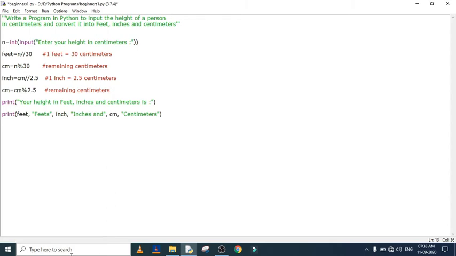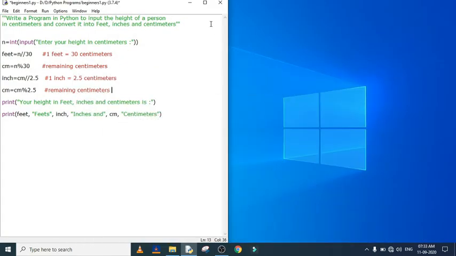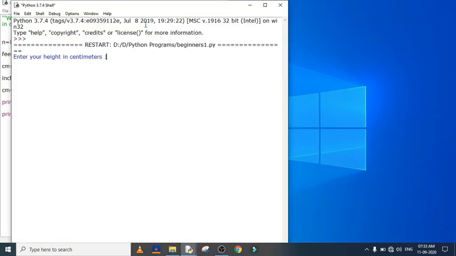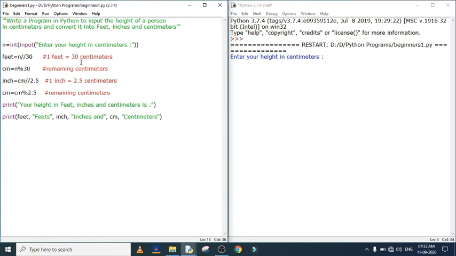Okay, now I am going to execute this program. Look here, your height in centimeters.